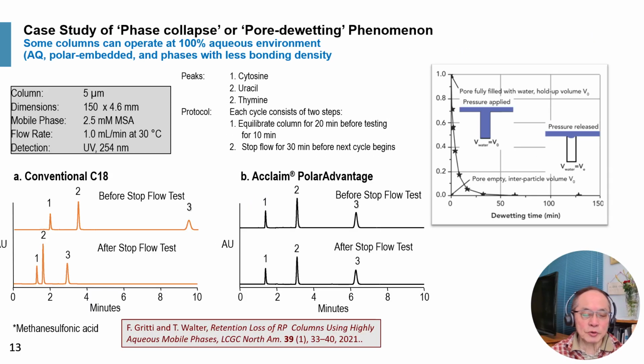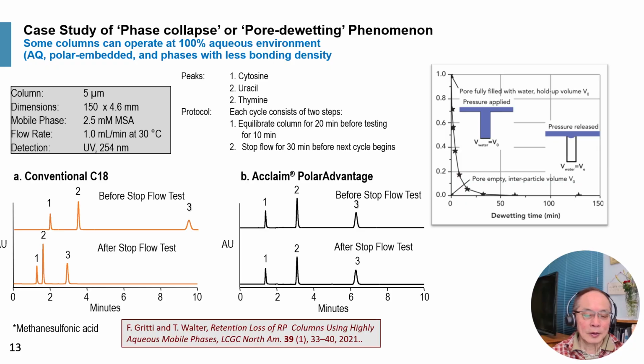This slide demonstrates a case study called phase collapse or pore dewetting phenomena. It turned out that a lot of columns, when operating at a very low percentage of methanol or acetonitrile, perhaps lower than 20%, under isocratic conditions, and when you stop the pump, bad things happen because of a phenomenon called phase collapse, where suddenly you lose quite a bit of retention.